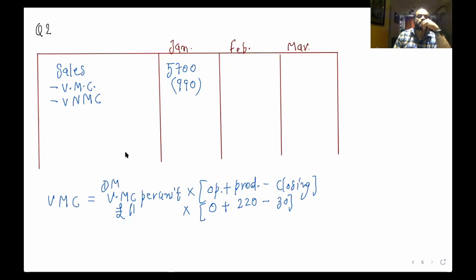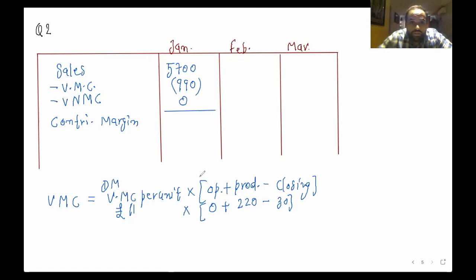Variable non-manufacturing cost, 0. So how much is contribution margin?